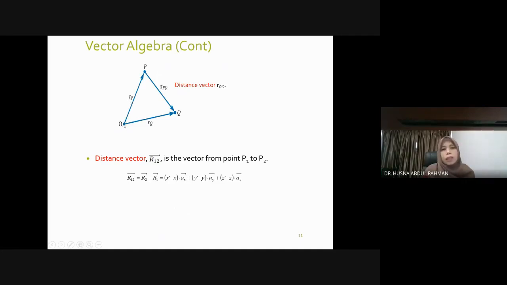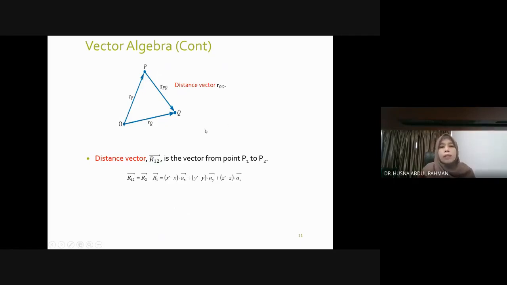And another vector, if it starts from origin and ends at point Q, then this is also another position vector RQ. But if we have a vector that starts from point P and ends at point Q, then we cannot call this a position vector, but we call it a distance vector RPQ. The vector starts from P and ends at Q.